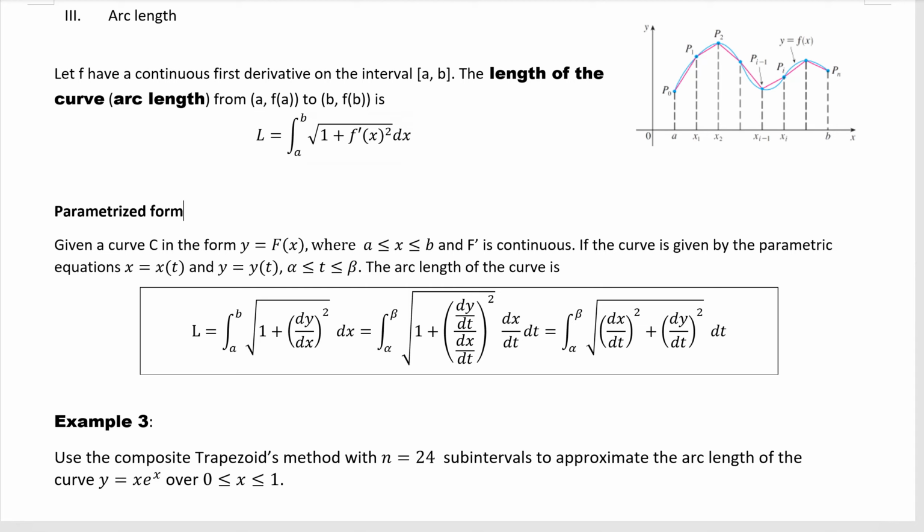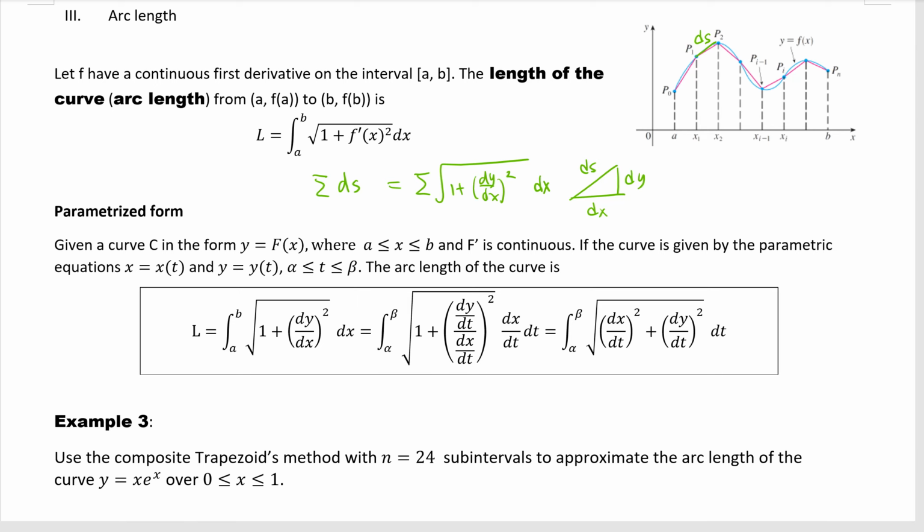So this piece is actually ds, right? This is ds, this is dy, this is dx. So arc length is like the sum of ds. So that's why it's the integral of square root of 1 plus dy/dx squared times dx. Okay? So this is the arc length formula.